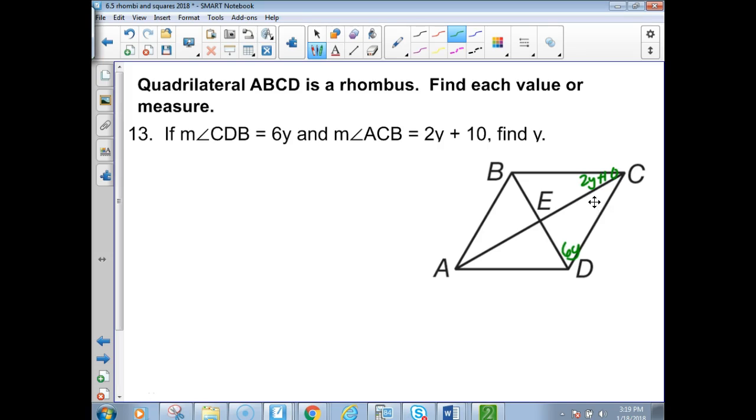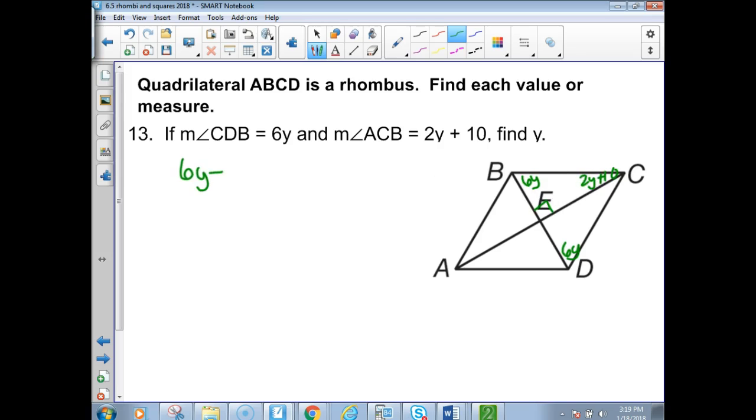However, it can go here, right? Because these are equal. All right, 2y, and this 6y could go up here. I don't care which one you use, but this is a right triangle. So these angles all add up to 180.